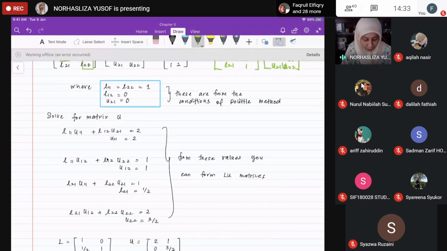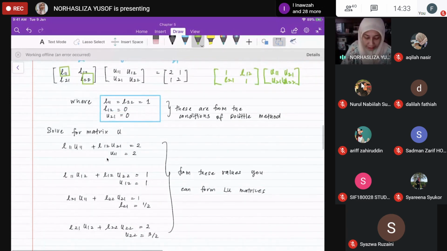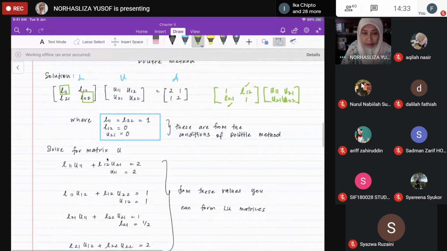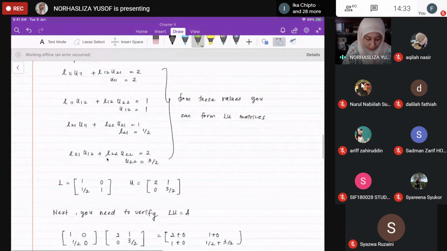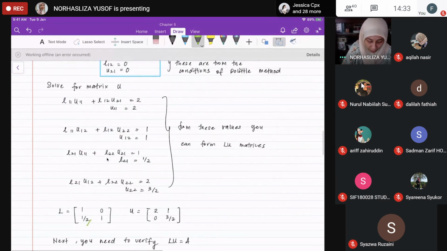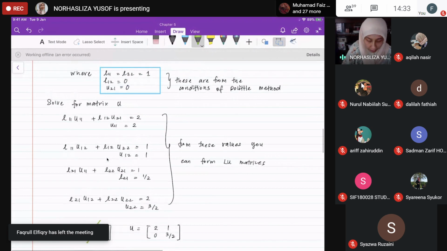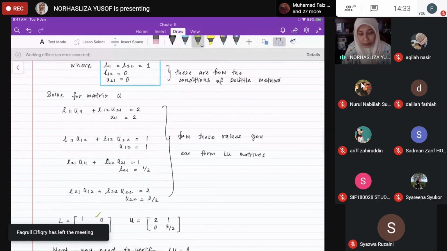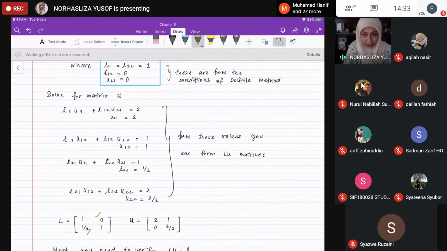Okay, so when you do the matrix operation, the idea is you want to get the value of L21 and L12, because they are unknowns. Similarly for U. Okay, so by using matrix operation, you can see here, we can put all the values.